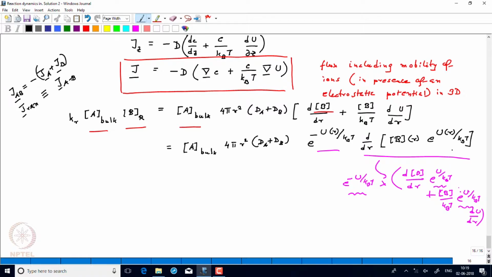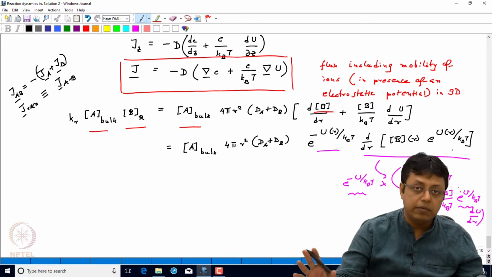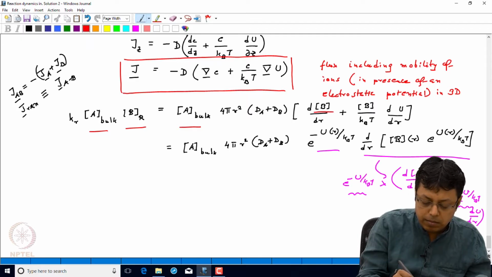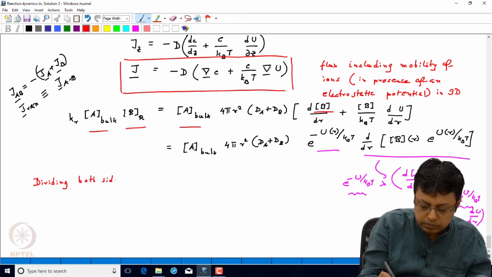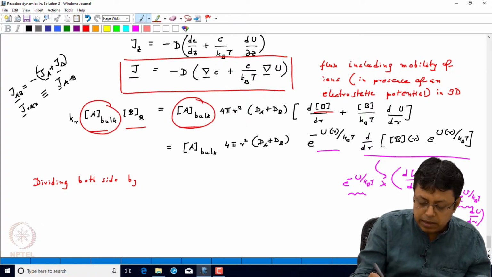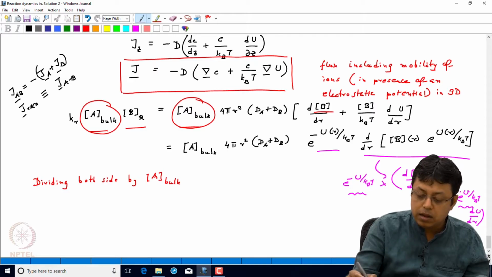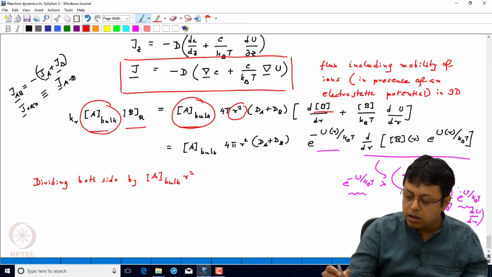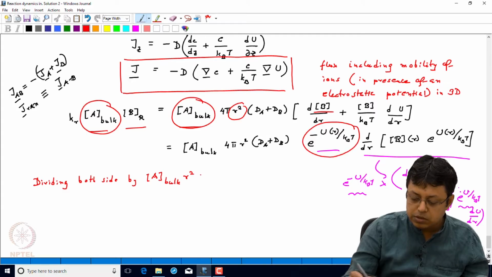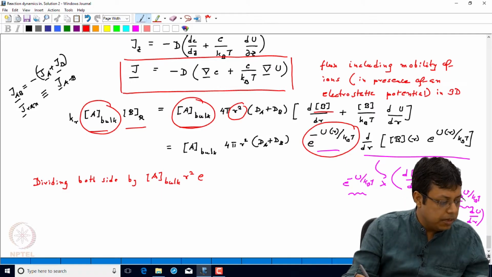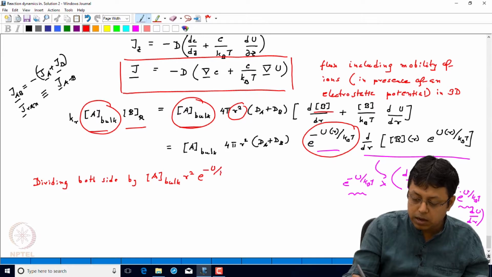So what I am going to do is divide both sides by A bulk, because that will get cancelled, and suppose I want to do the r integration on my left, so I'll also divide both sides by r squared, and also I want to eliminate this term, so multiply by e to the power minus u by kBT, and again u is a function of small r.